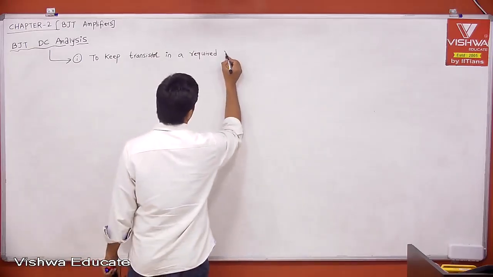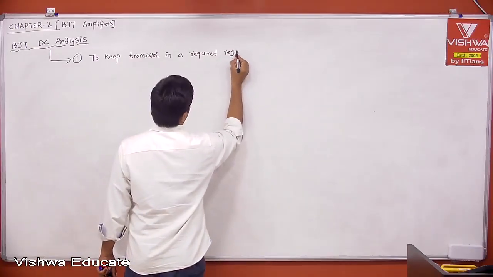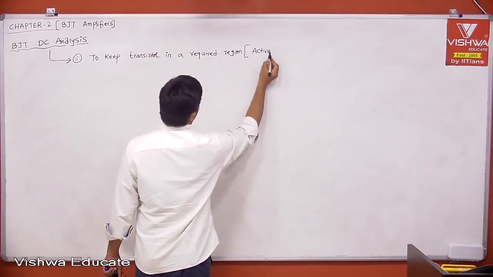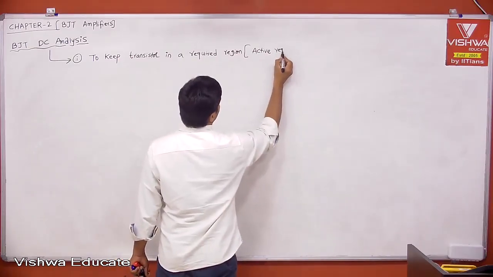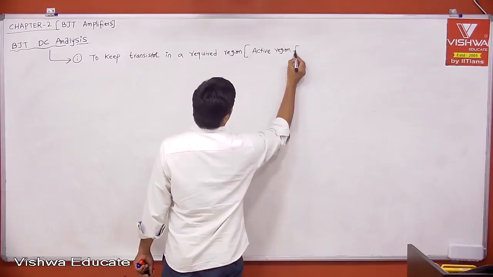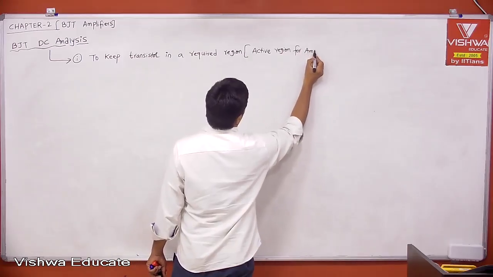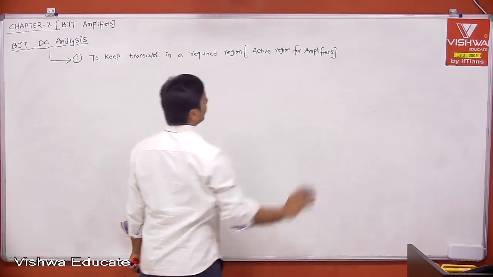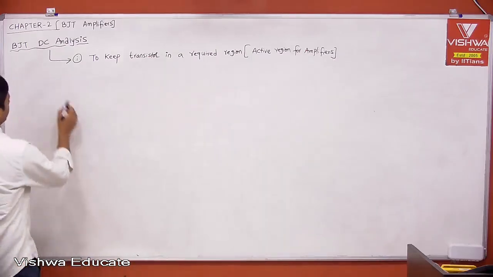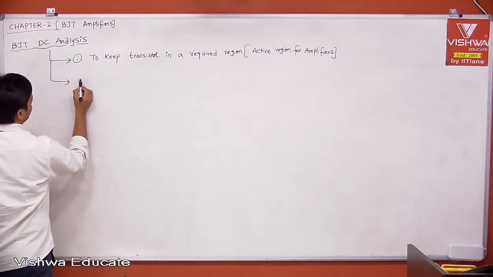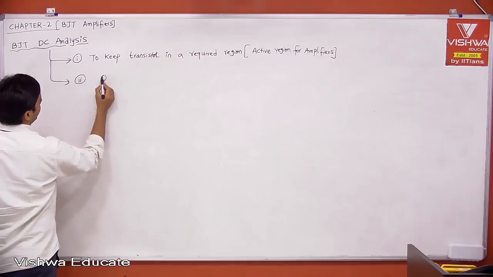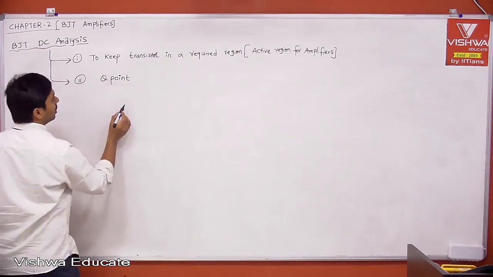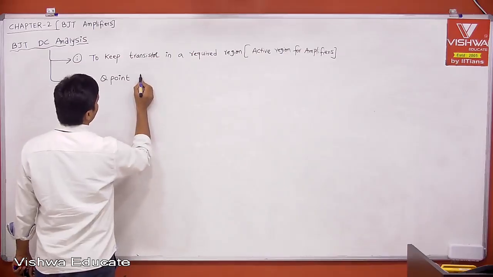Therefore, in a required region, in bracket, active region for amplifiers. That is one thing. Number two, after keeping the transistor in active region, whatever Q point we are getting, which is nothing but the operating point, that should be stable. Therefore, Q point to be stable.